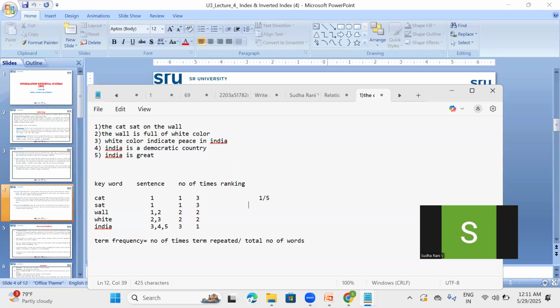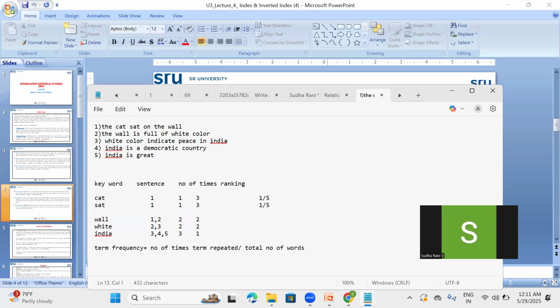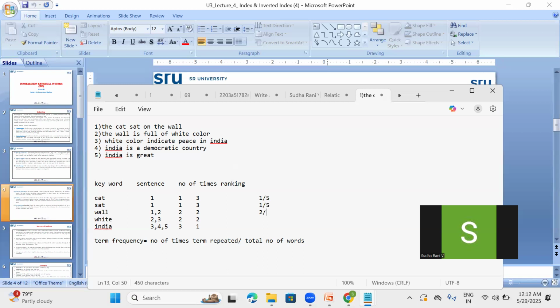Next, sat is the same, 1/5. Next, term frequency for wall, 2/5. Term frequency for white, 2/5. Term frequency for India, 3/5. So like this also, by using term frequencies, we can calculate the ranking systems.